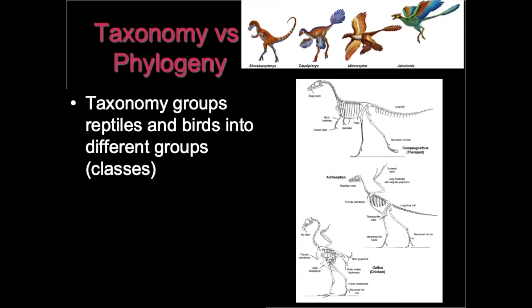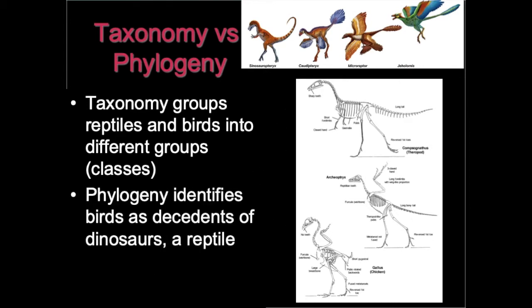Birds fly, mostly have feathers, and are warm-blooded. But when we look at their relationships, we actually see that birds are very closely related to reptiles. In fact, they're descendants of dinosaurs. And so phylogeny would talk about birds as a type of reptile.